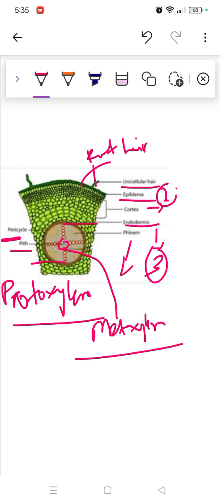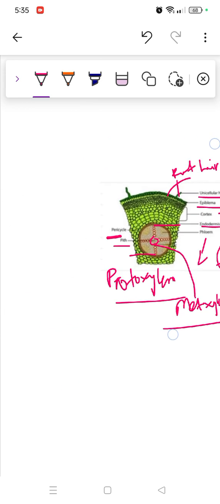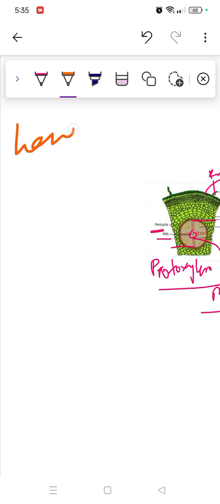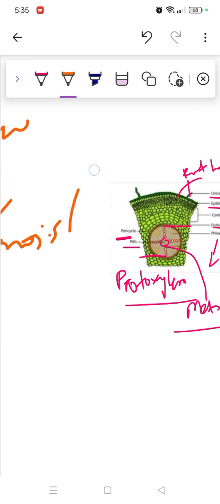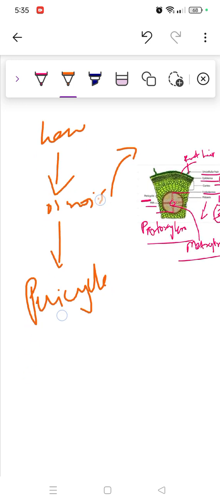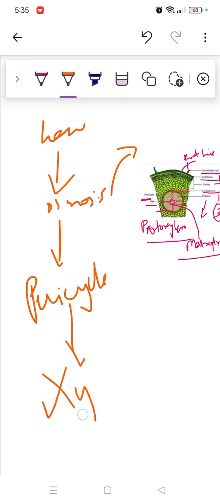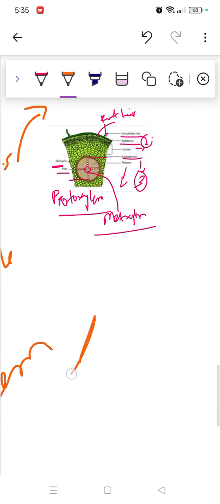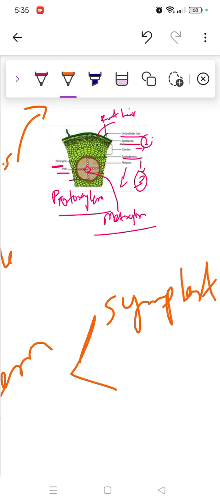Then here we also have low water potential, and water moves through the process of osmosis. Osmosis is simply the movement of water from higher concentration to lower concentration. Here, through osmosis, water goes to the pericycle and flows to the xylem, either through the symplast, via plasmodesmata and cytoplasm, or through the apoplast, which is only via the cell wall.